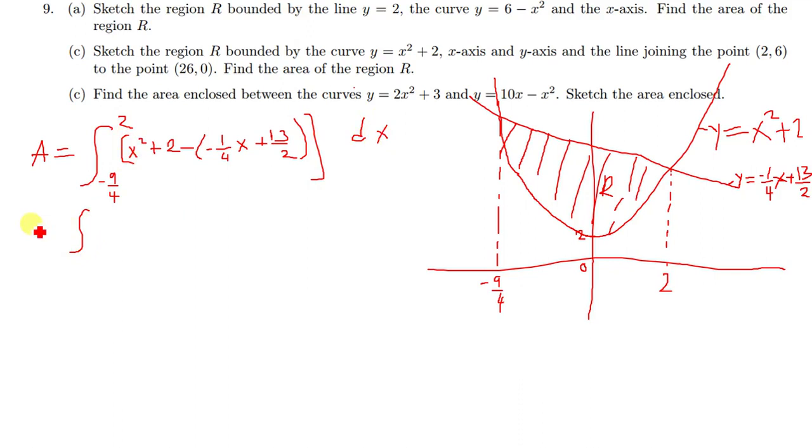So you do the same there. You're going to have your x squared there. So you have your upper limit 2 and your lower limit negative 9 over 4.